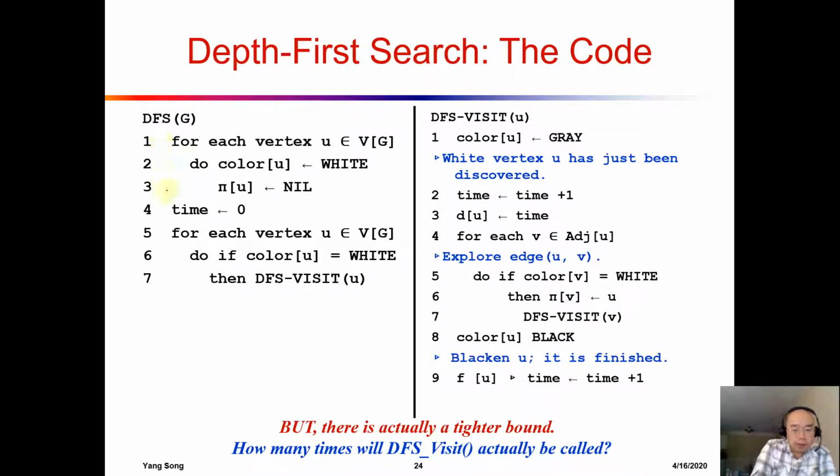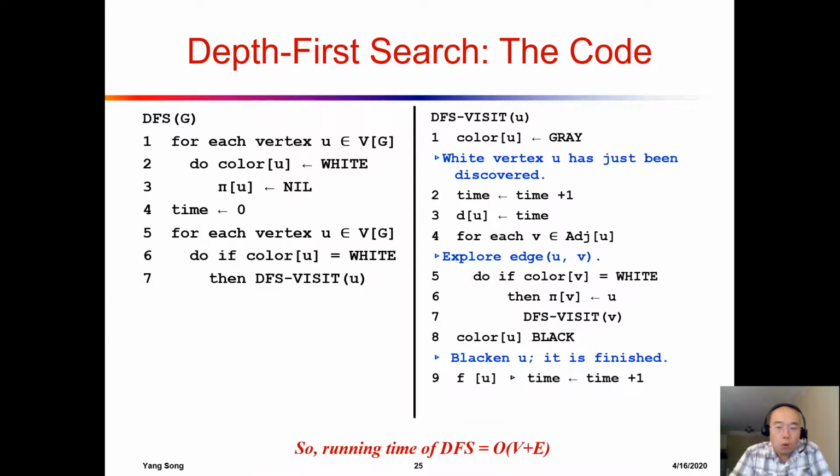So if we think about that, for each of the vertices, we will only visit once, and for each of the edges, we will visit that twice at most if that is an undirected graph. So if we want to add those two together, what is that? That is O(V plus E). Okay, so that is a tighter upper bound.